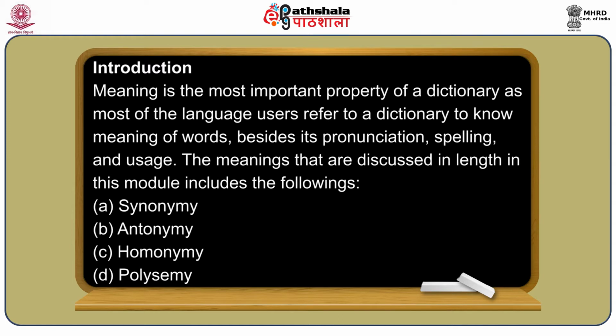Our primary concern is mainly to examine the relationship between the form of a word and its meaning, different types of meaning, and the relationship of meanings between different lexical units in the context of use of words in a language. We shall examine all these ideas from the point of view of the treatment in the dictionary.